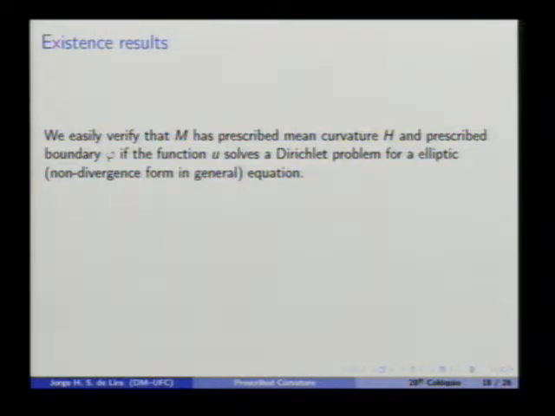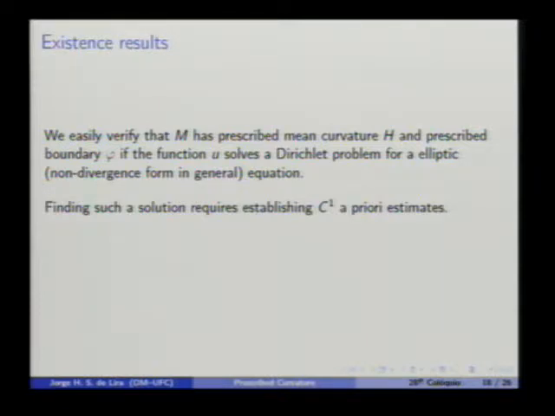I prefer not to present the equation, just the results. Of course, this is a quasi-linear equation, so it suffices to get C1 a priori estimates for it.